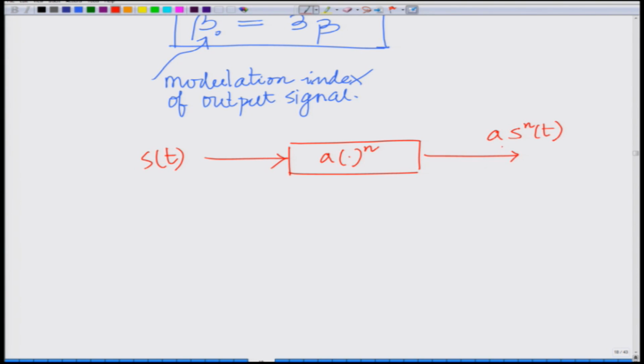This will contain a frequency component at n Fc. As we have seen, raised to the power of 3 contains frequency component 3 Fc.